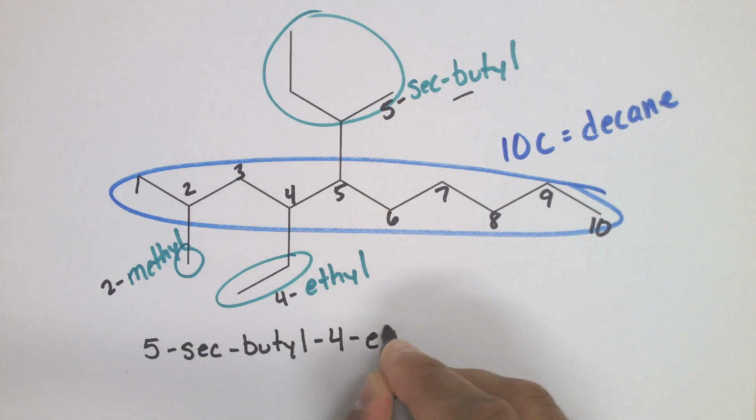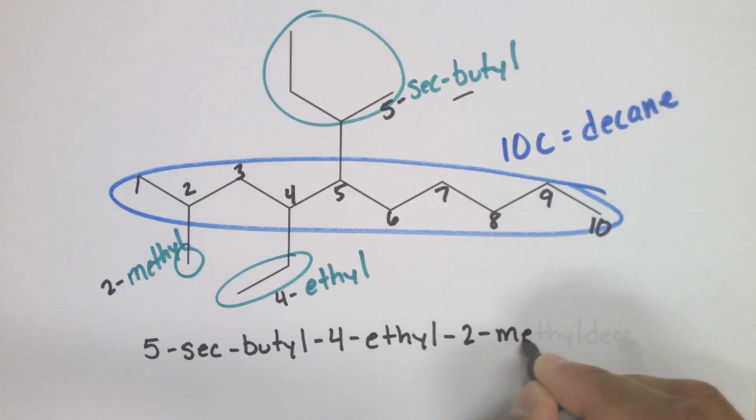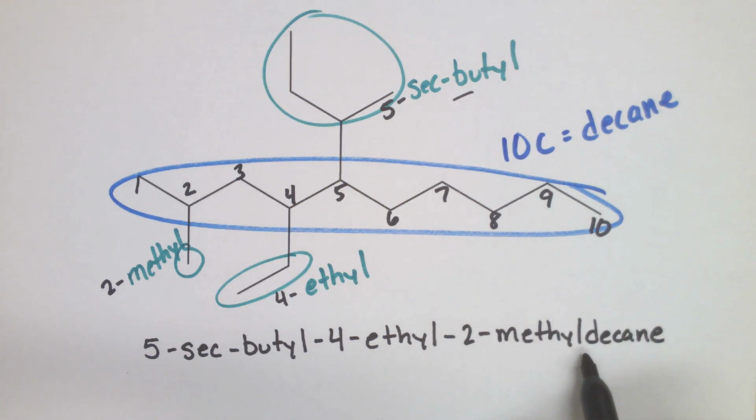Then ethyl, and finally the methyl. Without any spaces, we'll add the parent name. The name for this alkane, 5-sec-butyl, 4-ethyl, 2-methyl, decane.